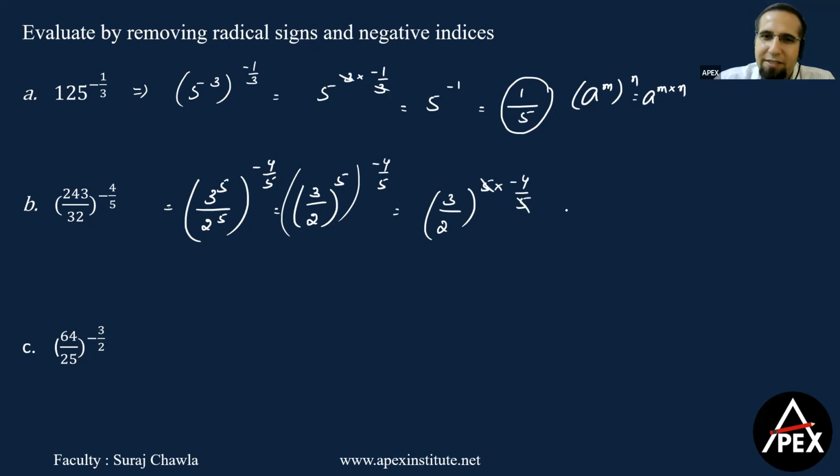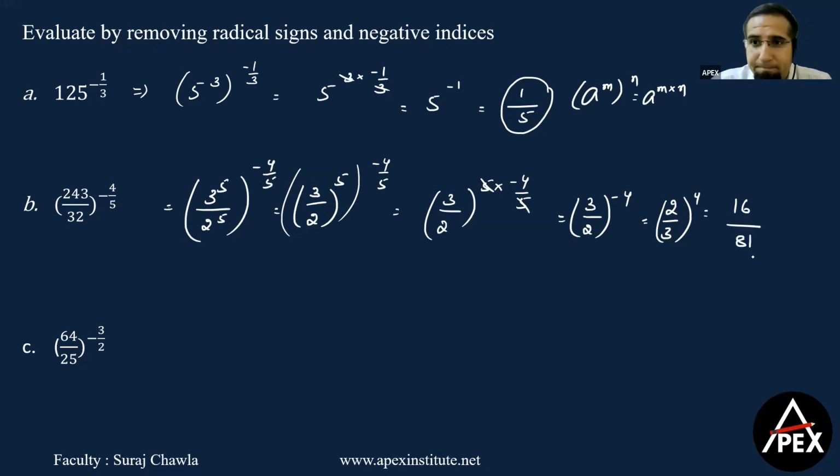So this 5 and 5 get cancelled. So we get 3 by 2 whole to the power minus 4. Now, if I need to make the power positive, I need to flip the fraction. So this can be written as 2 by 3 whole to the power 4, which is 2 to the power 4, which is 16, and 3 to the power 4 will give me 81.